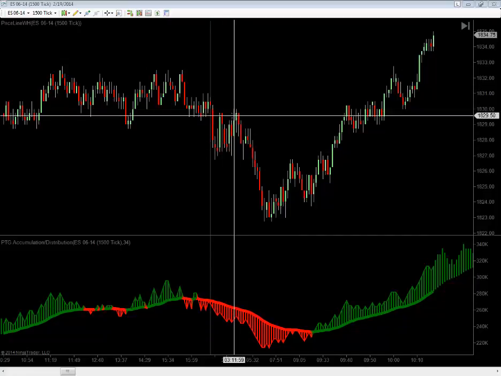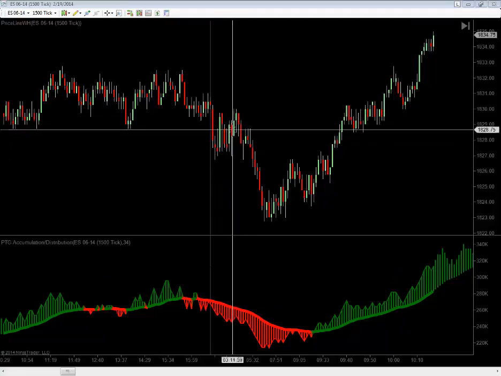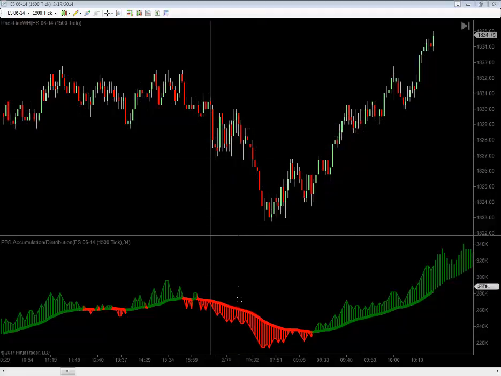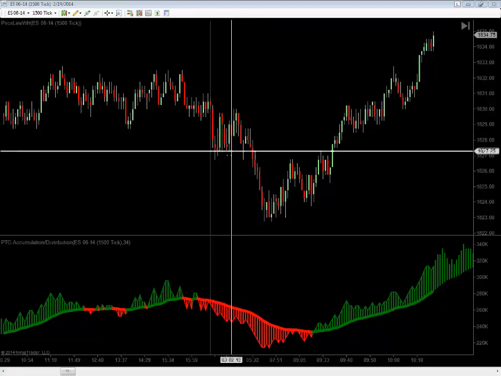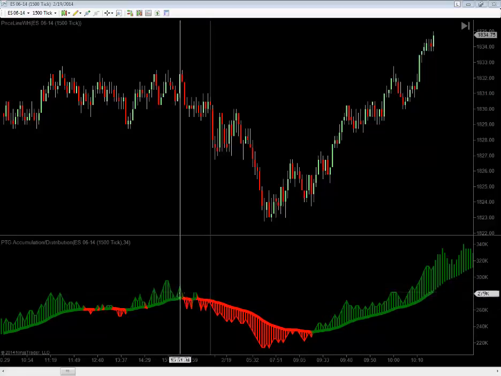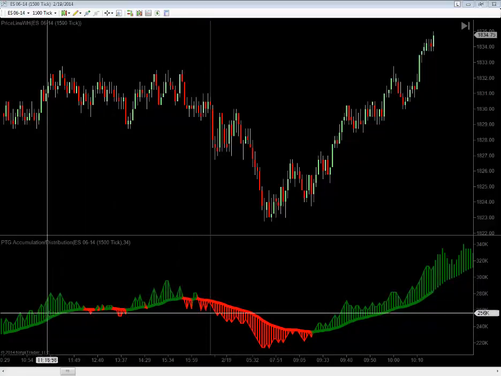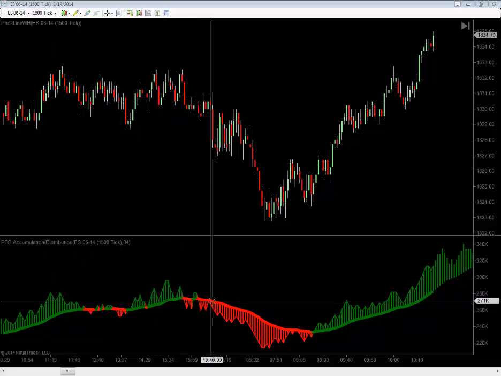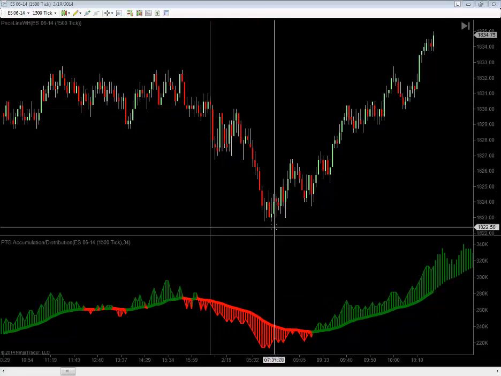Price tried to rally again, and to no avail. Sellers took dominance control, and ultimately the price moved down. But prior to the price moving down, you can see how the accumulation distribution here switched from an accumulative posture to a distributive posture prior to the price moving lower.